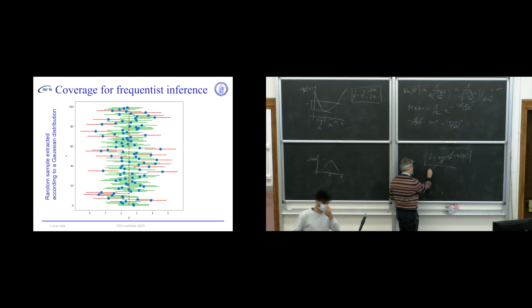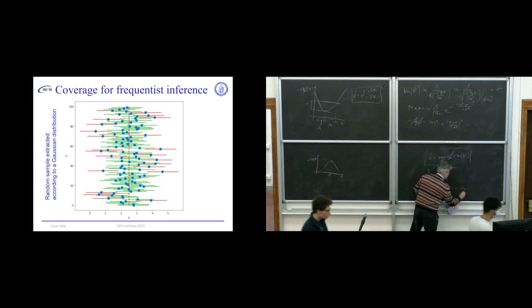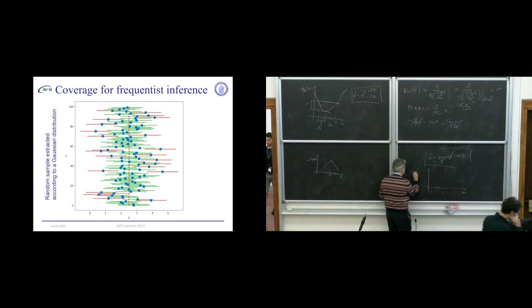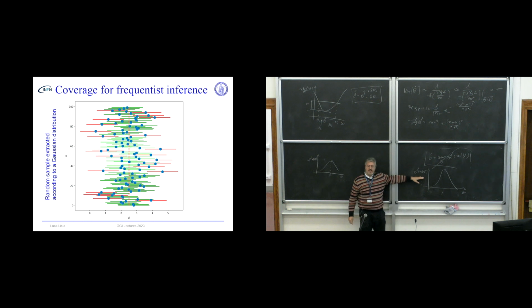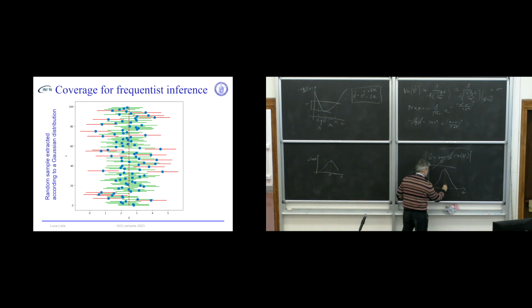If I take the likelihood function as a function of theta, theta hat is the value which maximizes it. How can I write it? Argmax, argsup, something like this.